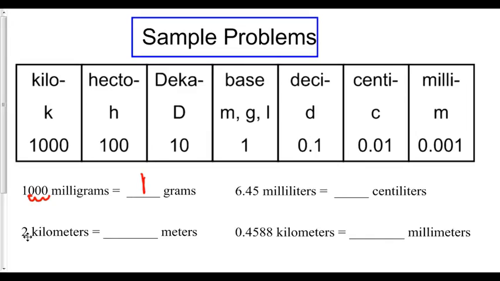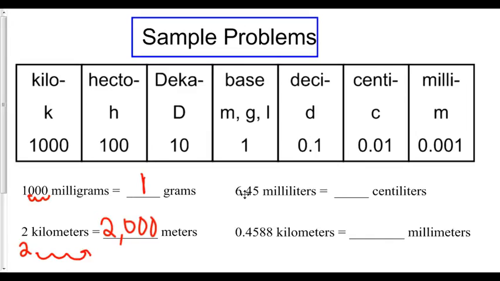If I have 2 kilometers and I want to see how many meters that is, well, from kilometers to meters, that's moving over 1, 2, 3 times, so I need to move this decimal point in 2 over 3 times. So that's going to be 2,000 meters. The way I got that is, here's my decimal point, I moved it to the right 3 times.